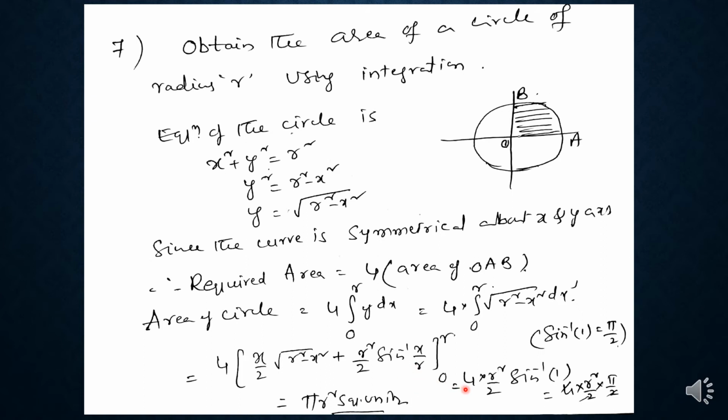What is the value of sine inverse 1? Sine 90 degrees, or sine pi by 2, is equal to 1, so sine inverse 1 is equal to pi by 2. So 4 into r square by 2 into pi by 2, and by cancellation we get pi r square square units. We already know that the area of a circle is pi r square square units, but this has now been proved by integration.